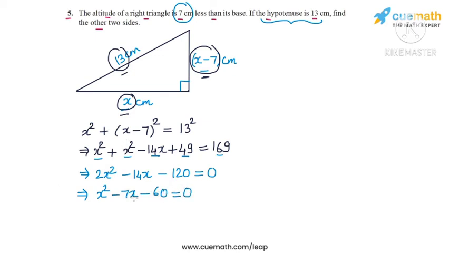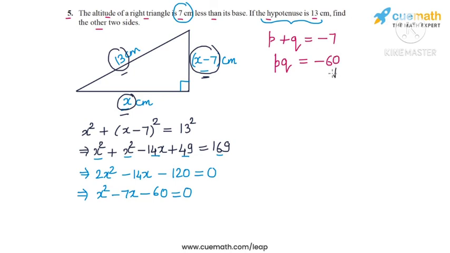Now this is a quadratic equation in x, and to solve it we will split the middle term, we will factorize this equation. To do that we have to find two numbers p and q such that their sum is the coefficient of x, which is minus 7, and their product is the coefficient of x square, which is 1, times the constant term, which is minus 60. To figure out what these two numbers are, just think about the factors of 60 which differ by 7.